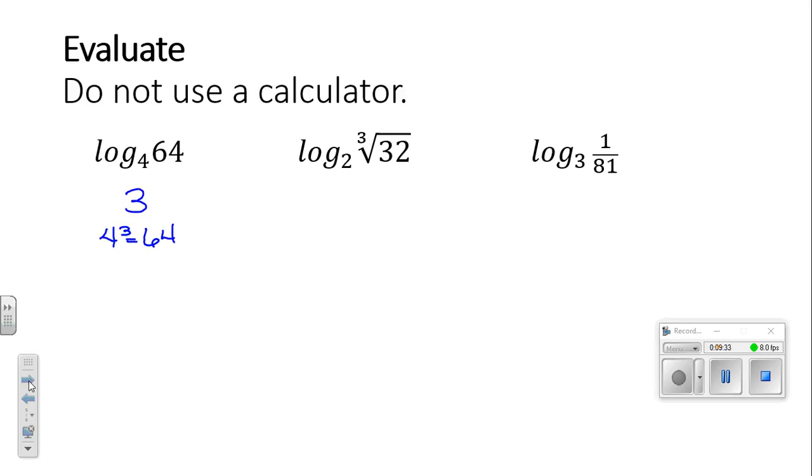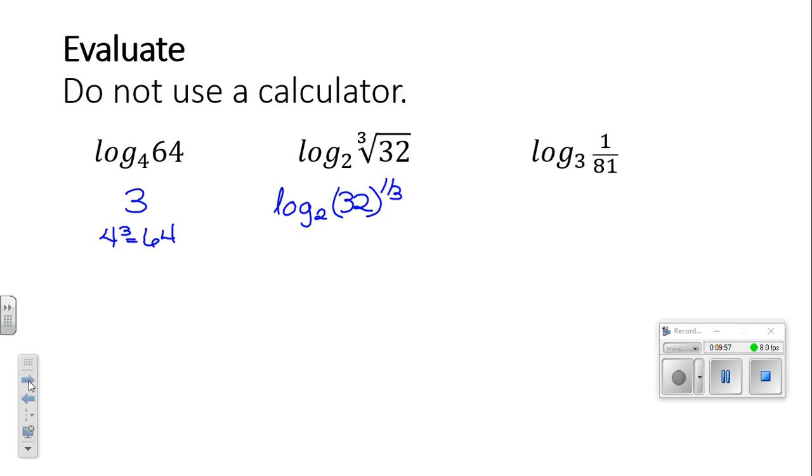Log base 2 of the cube root of 32. What power is the cube root? 1/3. So we have the log base 2 of 32 to the 1/3 power. Okay?